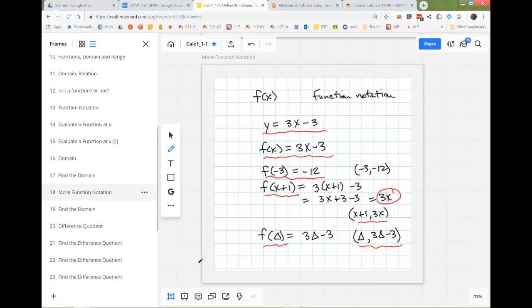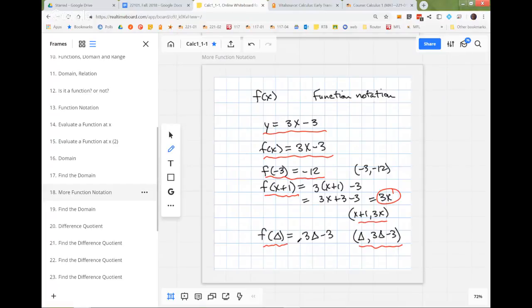So what's f of x plus 1? Plug in an x plus 1 for x. 3 times the quantity x plus 1, anyway, you can see that after playing around with it a little bit, it's going to simplify down to 3x. So that means when you plug in x plus 1, out comes a 3x.